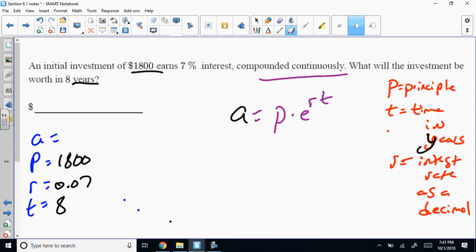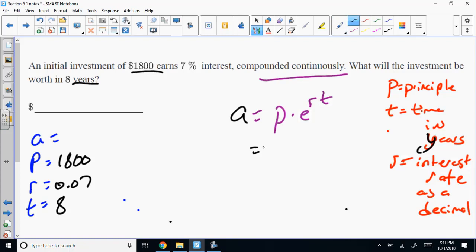R equals interest. Yeah, it's all here. I'll rewrite it. There you go. So if we plug this in, we get 1,800 times E raised to the 0.07 times 8, right?